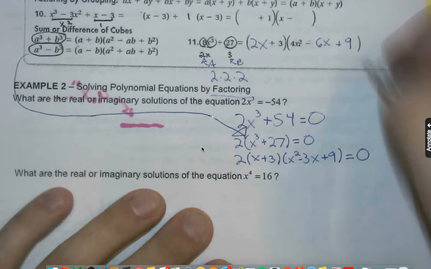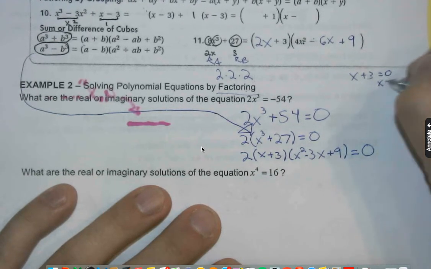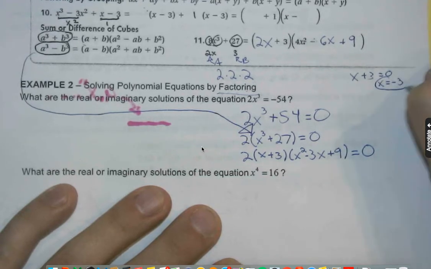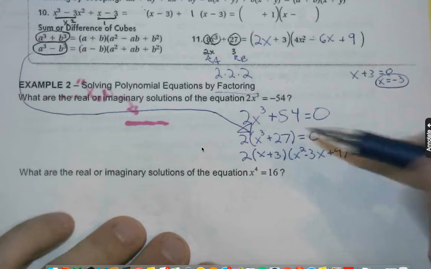So we could say that definitely x plus 3 equals 0, so x definitely equals negative 3. But if we use the quadratic formula on this, we'll soon see that there's an imaginary solution.